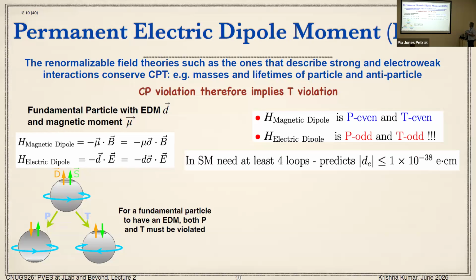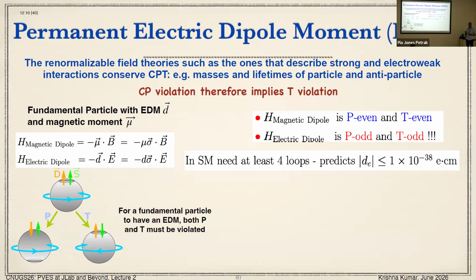Okay, in the standard model, because of the quark mixing matrix phase, at 4 loops, there is a non-zero EDM for the electron. It's 10 to the minus 38 e centimeters. Now, the current sensitivity of experiments is about 10 to the minus 28, 10 orders of magnitude worse.